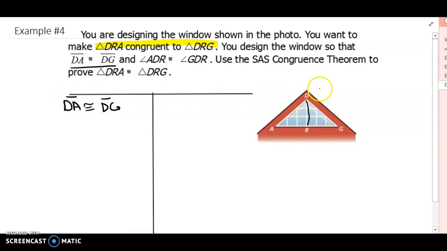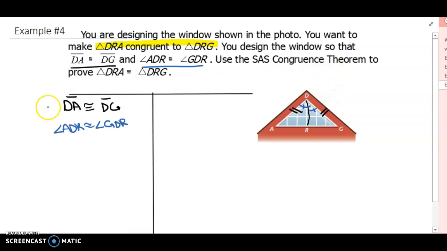And when I write that, I'm going to mark it. So DA and DG. And we're also given that angle ADR is congruent to angle GDR. So this and this are congruent.